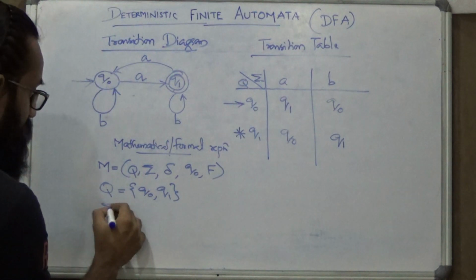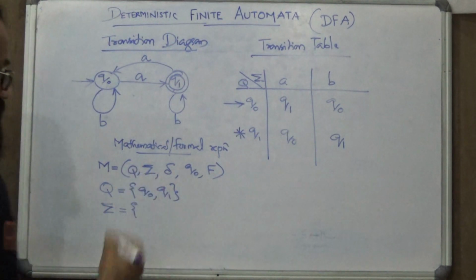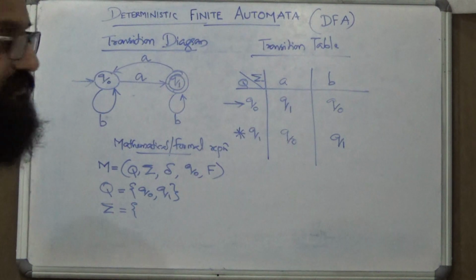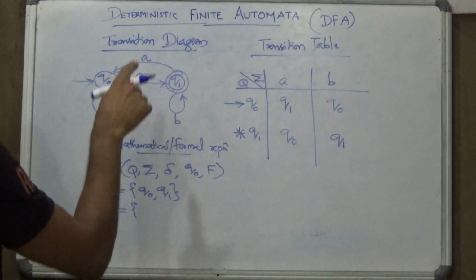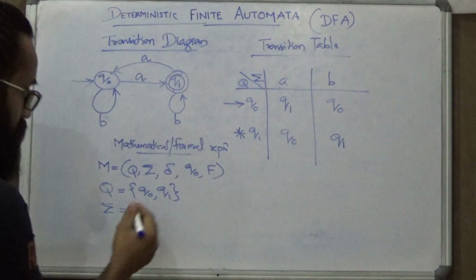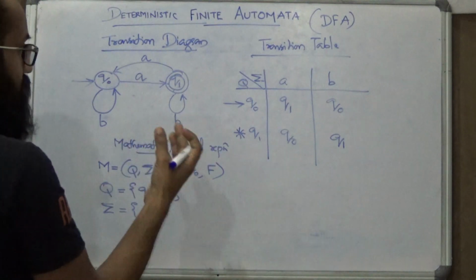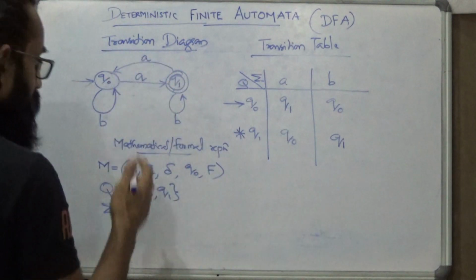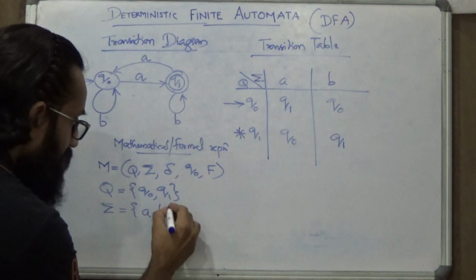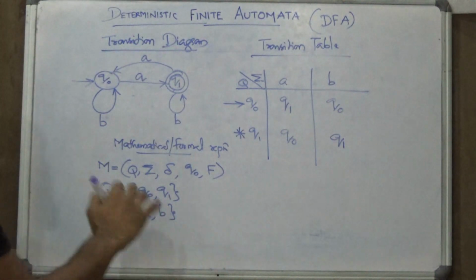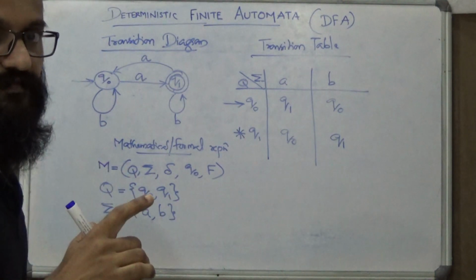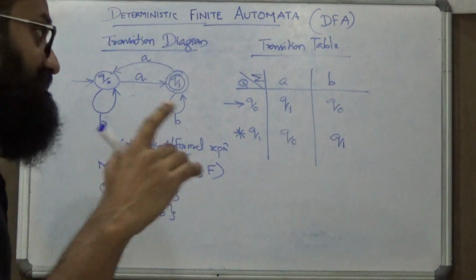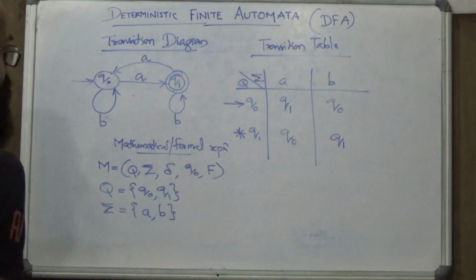Now the second component is sigma. What is sigma? Sigma is the set of alphabets, that is, the input symbols read by this model. What are the alphabets that you are using in this automaton? A and B. Again this set is finite. That is why we define sigma as a non-empty finite set of alphabets.